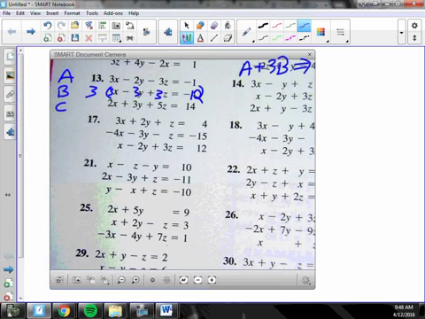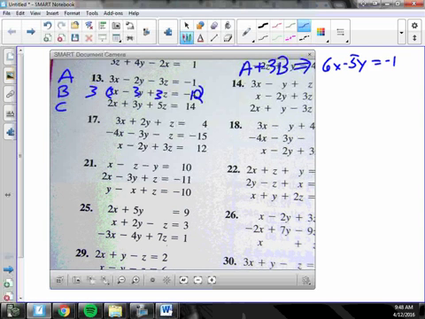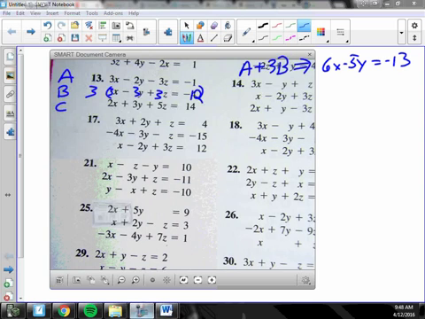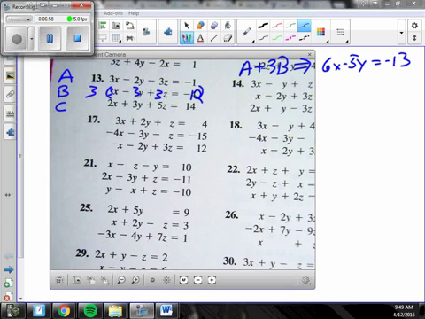I add straight up and down, and I get 6x minus 5y, the z's cancel, equals negative 13. So I now have an xy equation that was created using equation A and equation B.